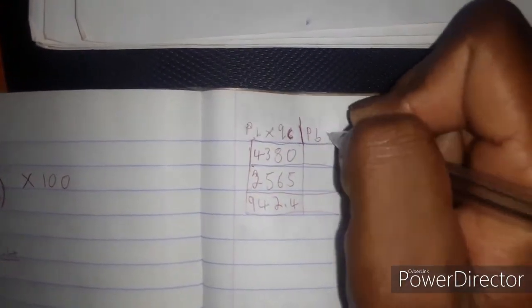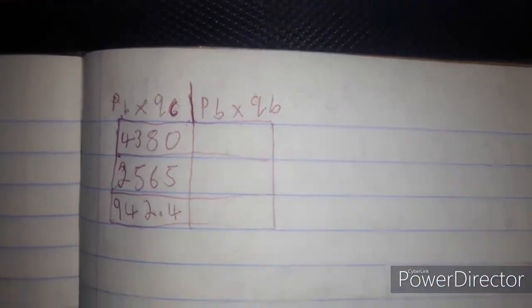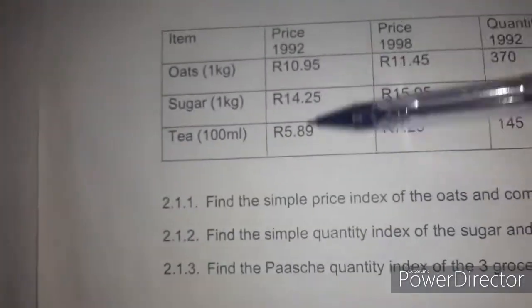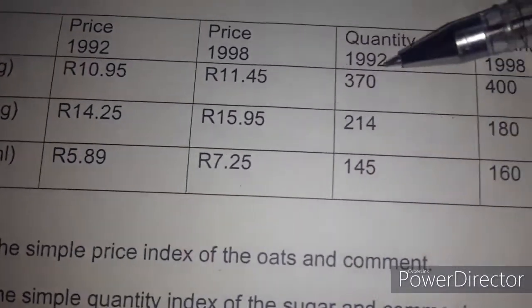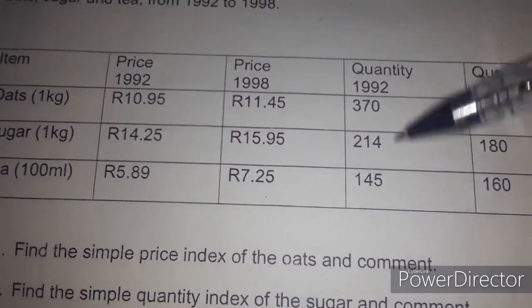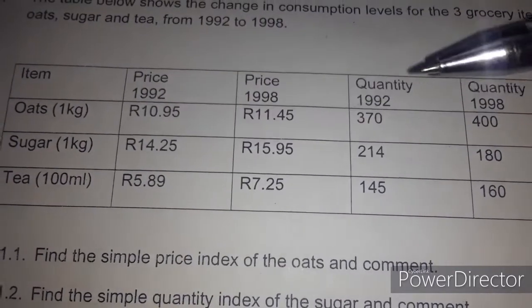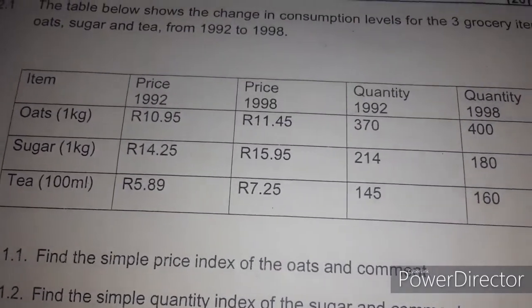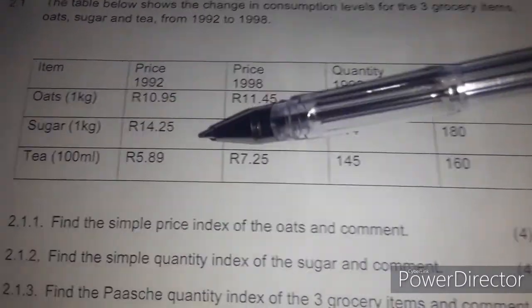P_B times Q_B, like that. This is P_B, the base price, and this is Q_B, the base quantity. So we are going to use the base price and the base quantity as per the formula.